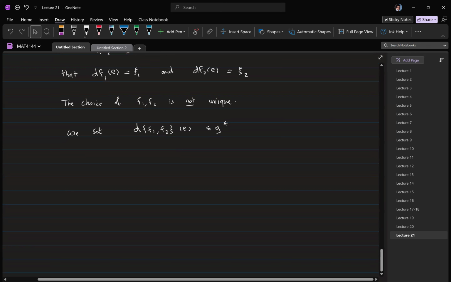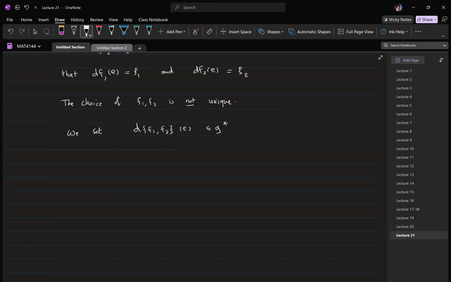So now, the remark is that if we know that this construction is independent of the choice of F1 and F2, then it's automatic that we got a Poisson bracket, because all the conditions will be inherited from the Poisson bracket on capital G. This is not so difficult.